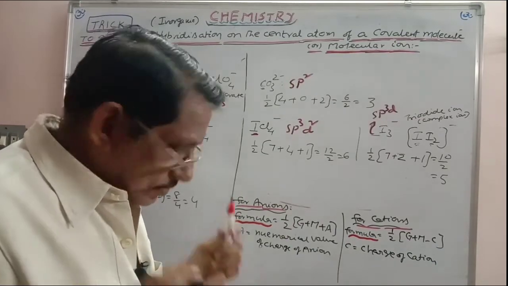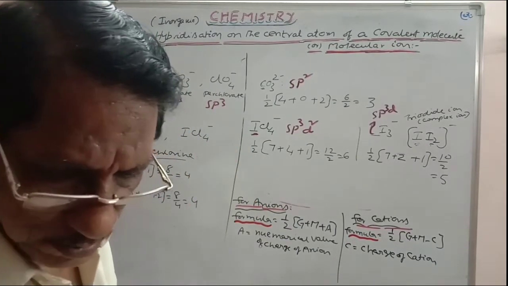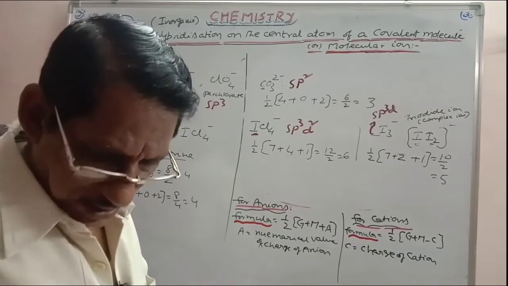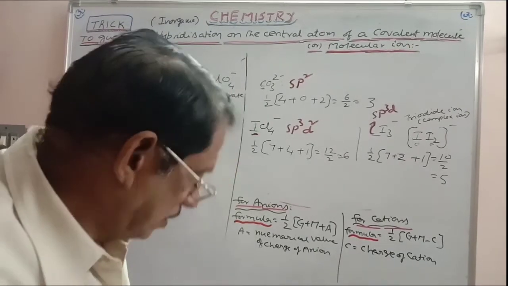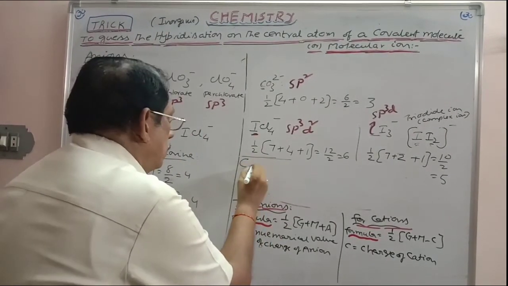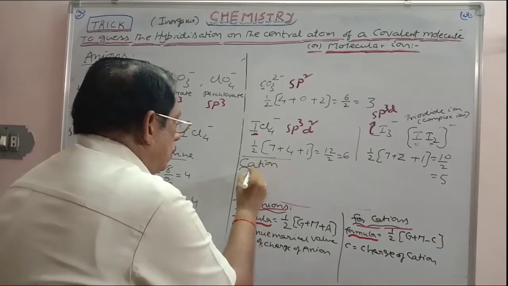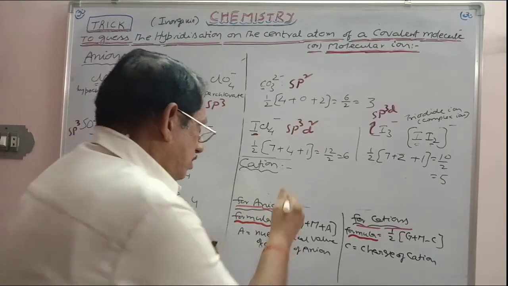Okay? And one more, for a cation also let us apply. Cations are not many, I will take only one example for a cation. That is the NH4+ cation. Only one example I am giving you here, NH4+.